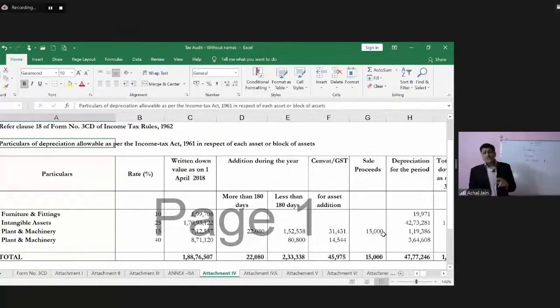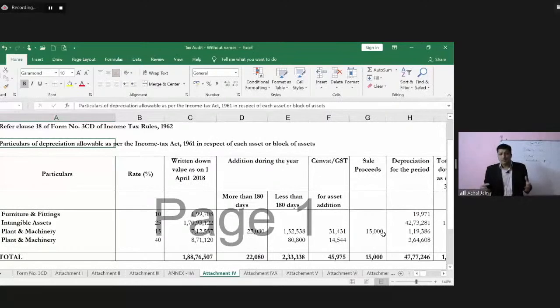Now for this testing of additions, the first point will be completeness. To ensure that all the fixed asset additions have been captured over here, the auditor will check whether these additions appearing in this part are traced to the total additions going in the financial statements.